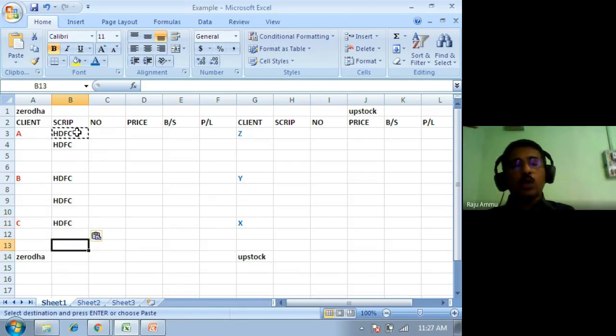That is bought and sold, or sold and bought, the same. To change the column, change the row.